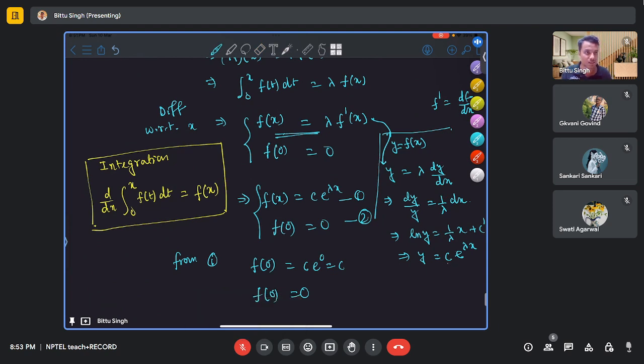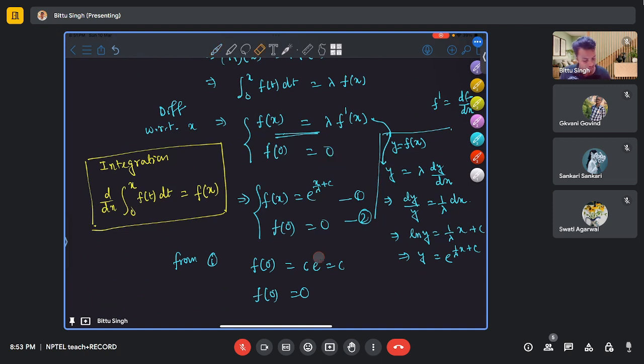Here you can see that c cannot be 0, because how do we get c? c comes from here. Explicitly this is 1 by lambda x plus c dash plus c. Let us write it this way. So the solution is given by e to the power x by lambda plus some c.